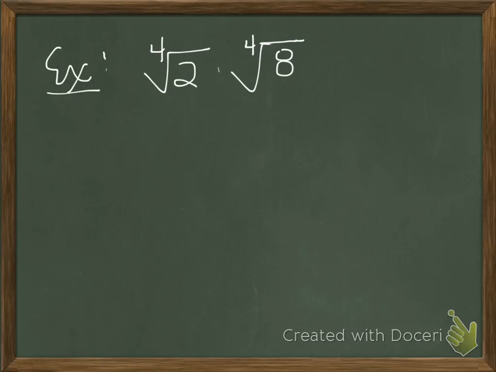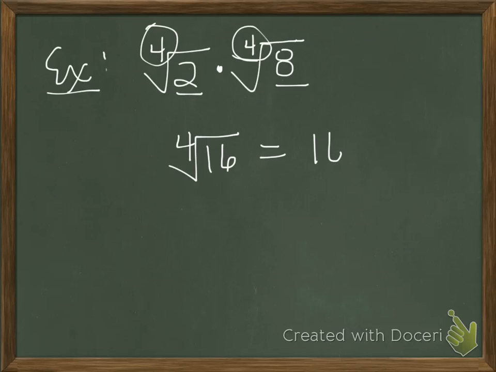For this next example, I have the 4th root of 2 times the 4th root of 8. Again, 2 and 8 are not the same base, so I cannot combine the bases, but they are the same root. So since I have the 4th root and the 4th root, I have the 4th root of 2 times 8, which is 16. So you could write that as 16 to the 1/4 power.